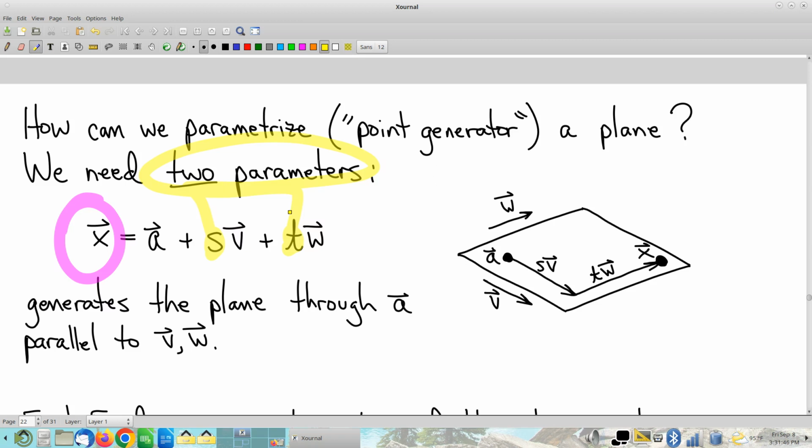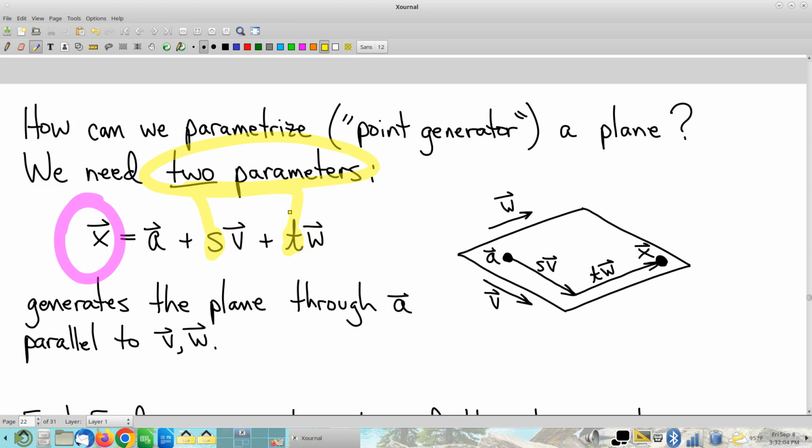Here I have two parameters and I'm generating a two-dimensional thing. Two-dimensional in the sense that it itself is two-dimensional. It lives in a three-dimensional world, of course, but the thing itself is just a surface, two-dimensional. Okay. Everybody on board? Yeah.